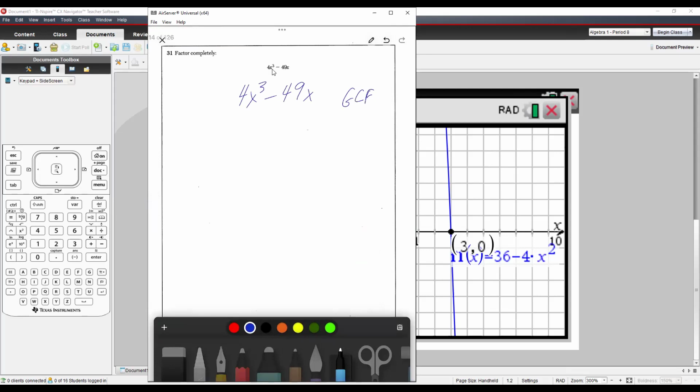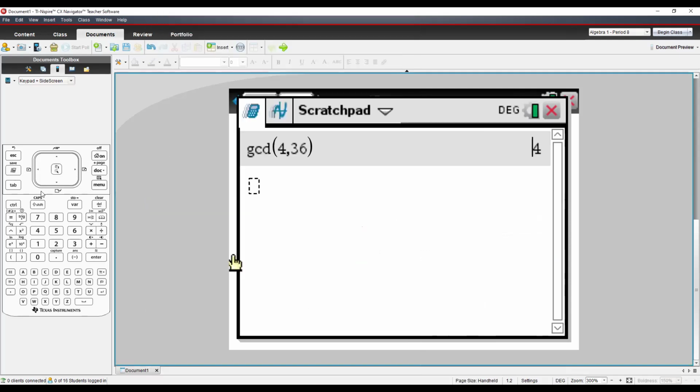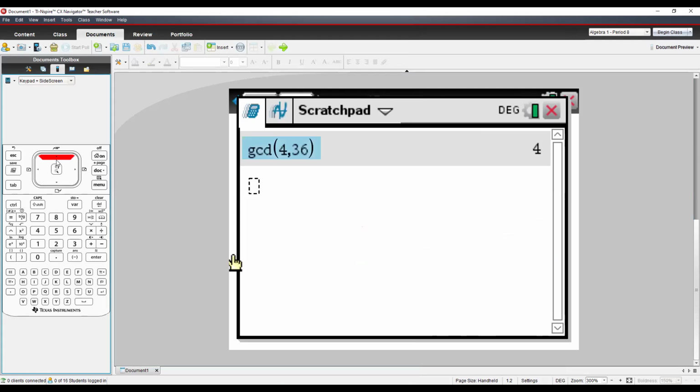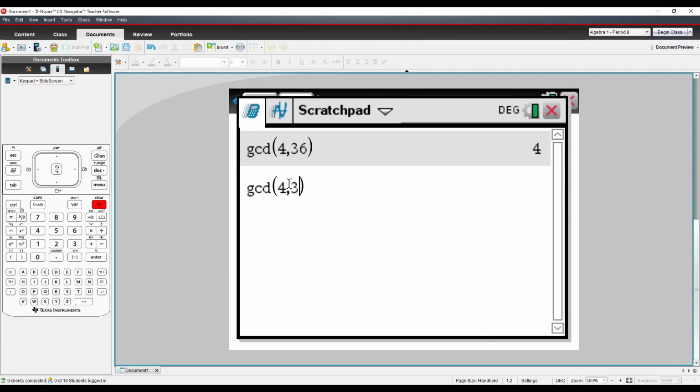If I go to my calculator, I'm going to copy this, and then change the 36 to 49 and press enter. Basically the greatest common factor is 1, so they don't have anything in common. So now all I'm going to do is take this and make it into a function.